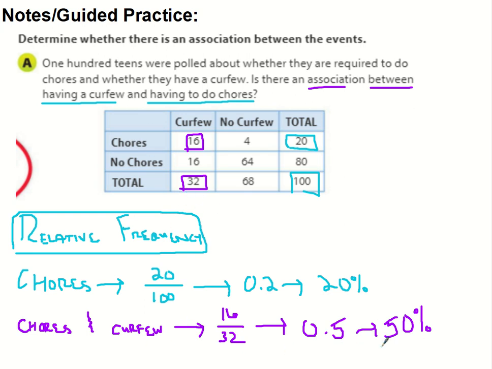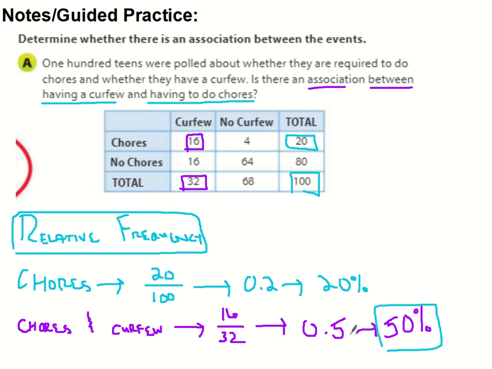It's half of them. So that means there is an association, because this number is quite a bit more than this number. The students who have a curfew are more likely to have to do chores as well, versus the students who don't have a curfew.